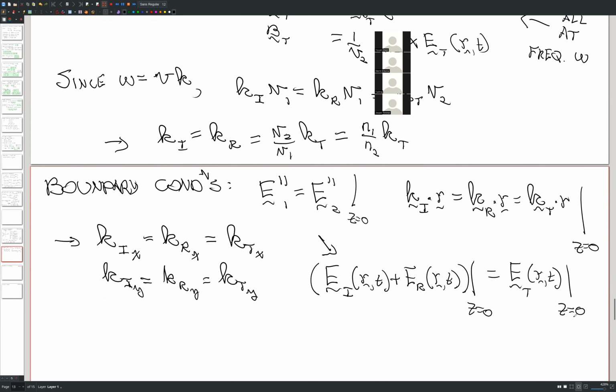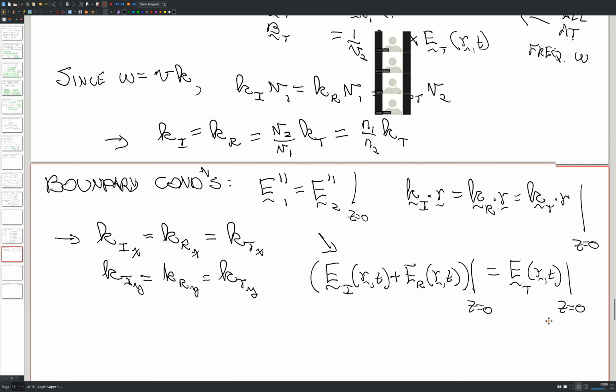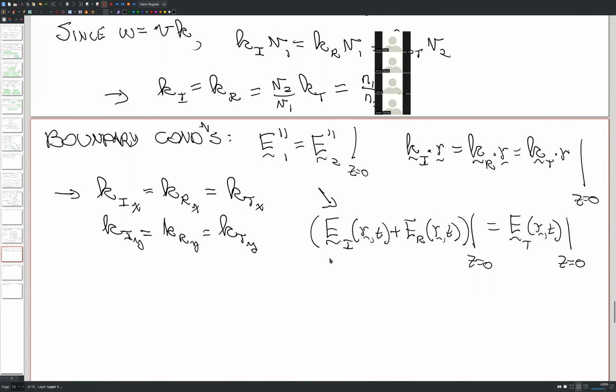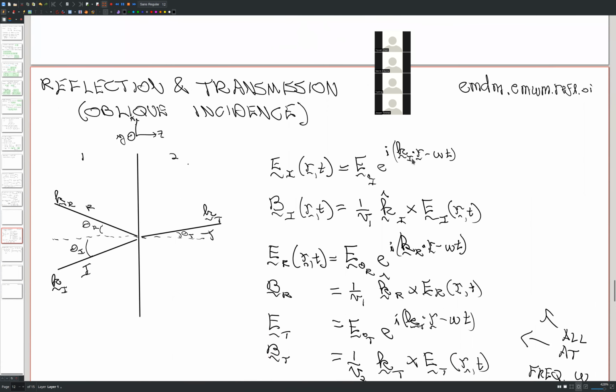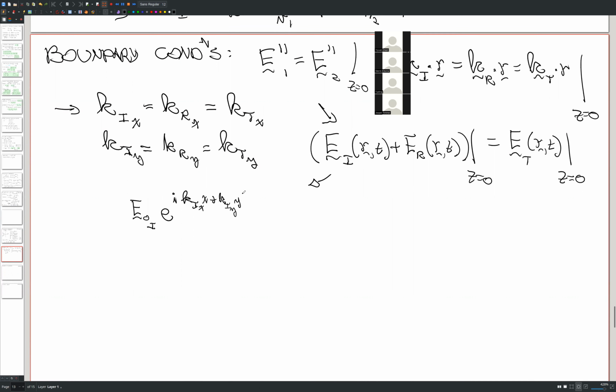But now let's write it long form. It implies that I have my vector E_0I times e to the i, k incident dotted into r, but z equal to 0.